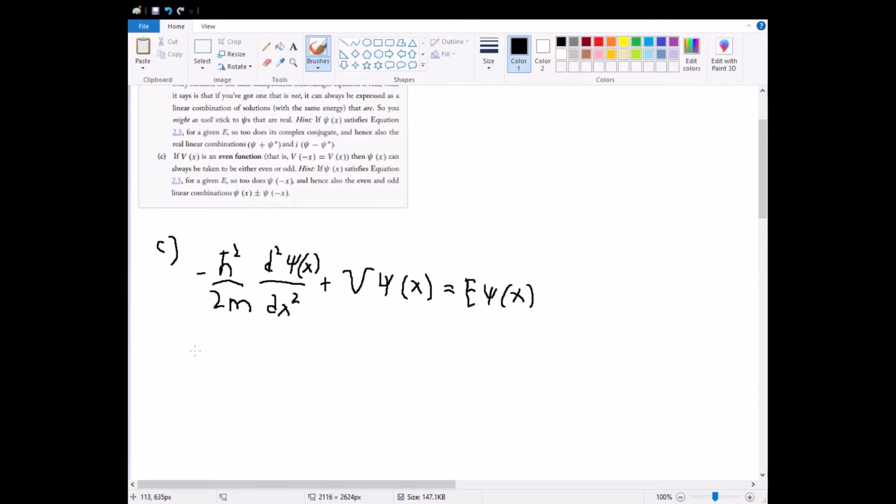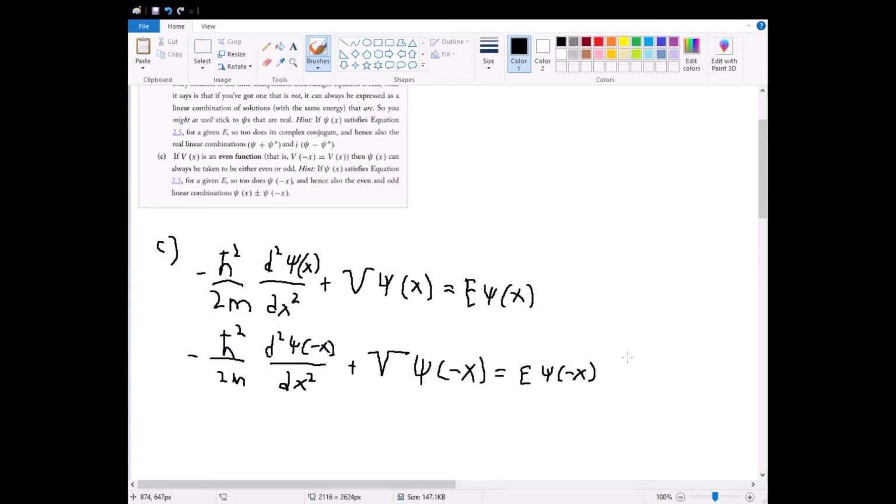So what we can alternatively write is negative h bar squared over 2m times d2 psi of negative x with respect to x squared plus v, which is just unchanged because it's even, so going from v of x to v of negative x is effectively the same thing as not changing it at all, since v of negative x equals v of x, times psi of negative x equals e times psi of negative x.